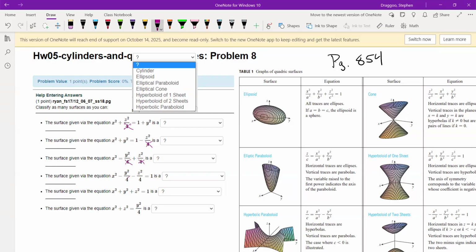So all of these over 4s, I'm just going to pretend they're not there. They're not going to be helpful to us. I'm just going to get rid of them. I can come back and worry about the numbers at the end if I need to, but all I'm trying to do is identify the surface.